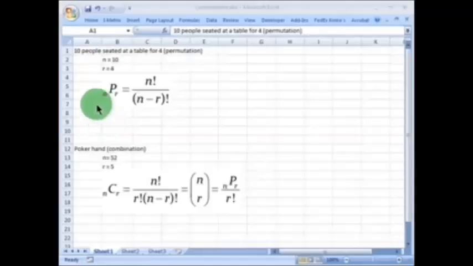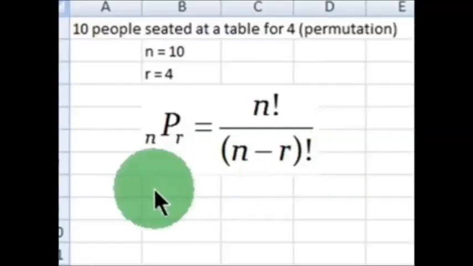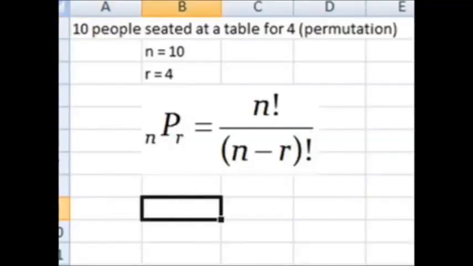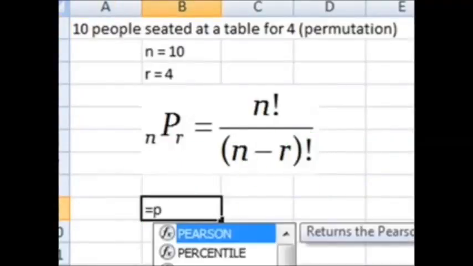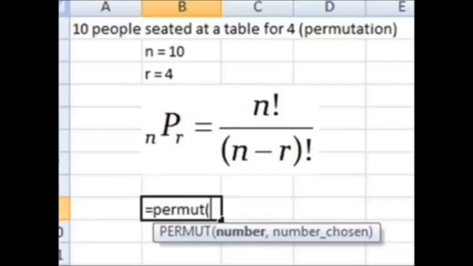Here I am in Excel, and first let's ask, if there are 10 people, how many different ways can we arrange or seat them at a table for 4? So this is going to be a permutation because we do care about the arrangement. And so n is 10, r is 4. Here's the formula for that permutation. And Excel, as it oftentimes does, has a built-in function for us, equals PERMUT open parens.